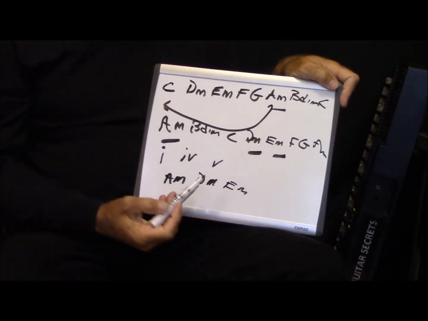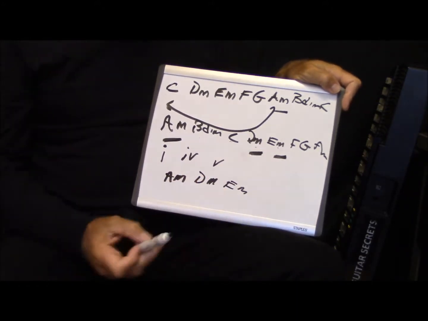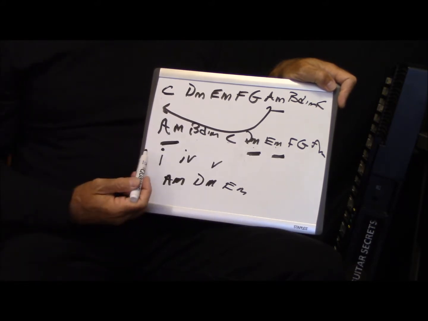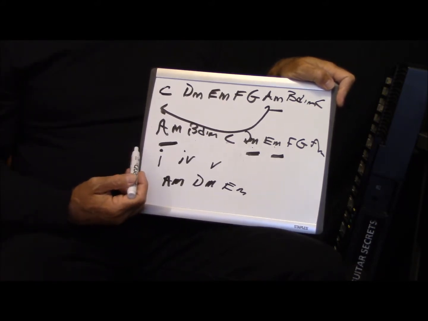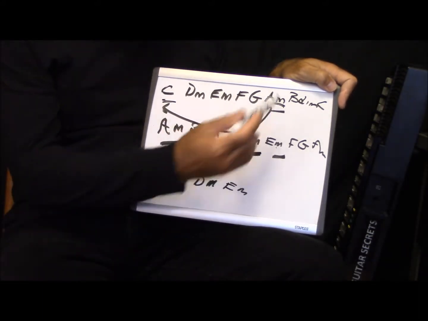See that? So it would be a 1, 2, 3, this would be the 4th, and this would be the 5th. It's the same notes and chords as in the key of C major, but you start with the minor. So that would be A minor, the relative minor for the key of C major.